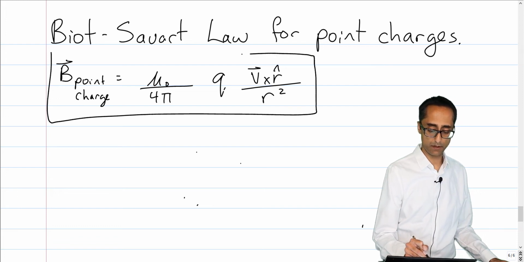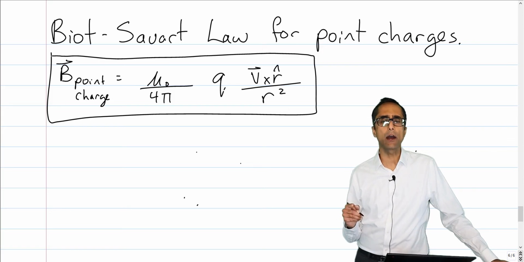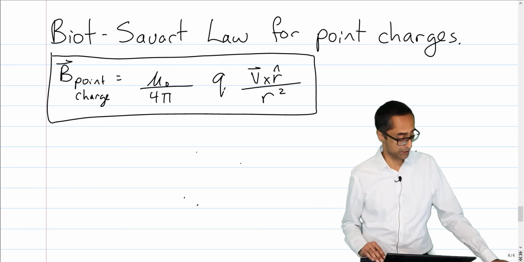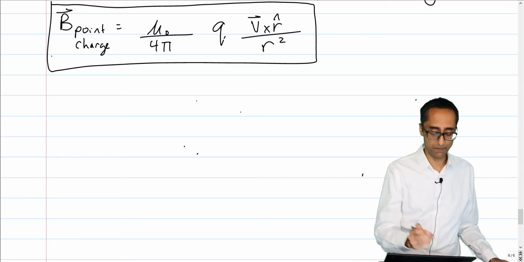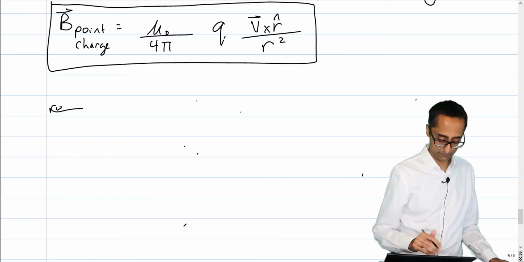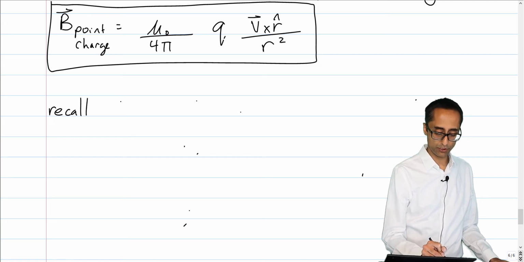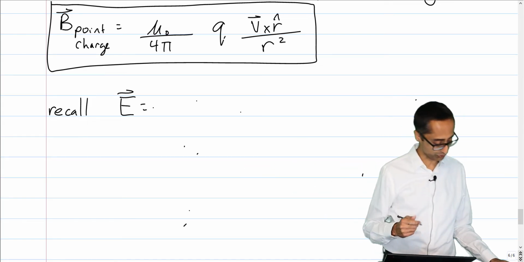That is a very complex looking equation. But if we break it down, it actually has a lot of similarities to an equation that we know very well and, dare I say, love, well, some of us anyway. Recall the equation for the electric field, also due to a point charge.